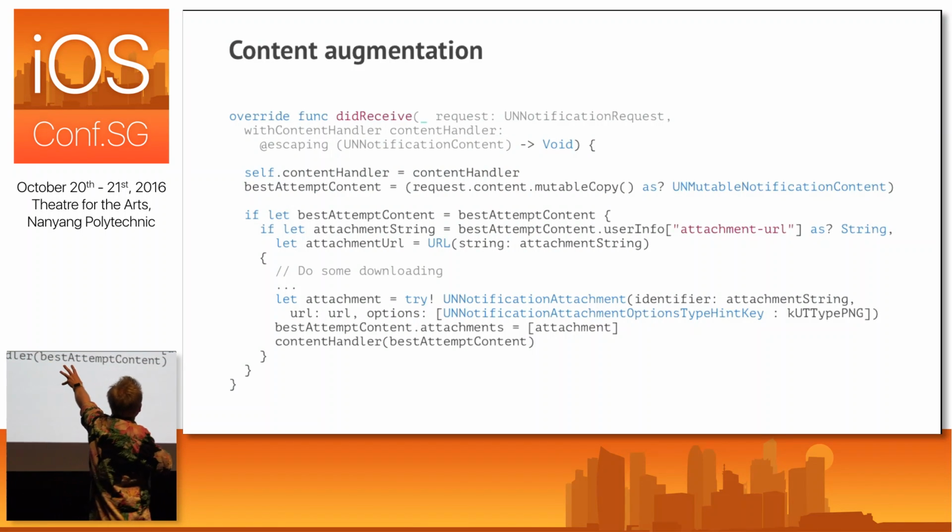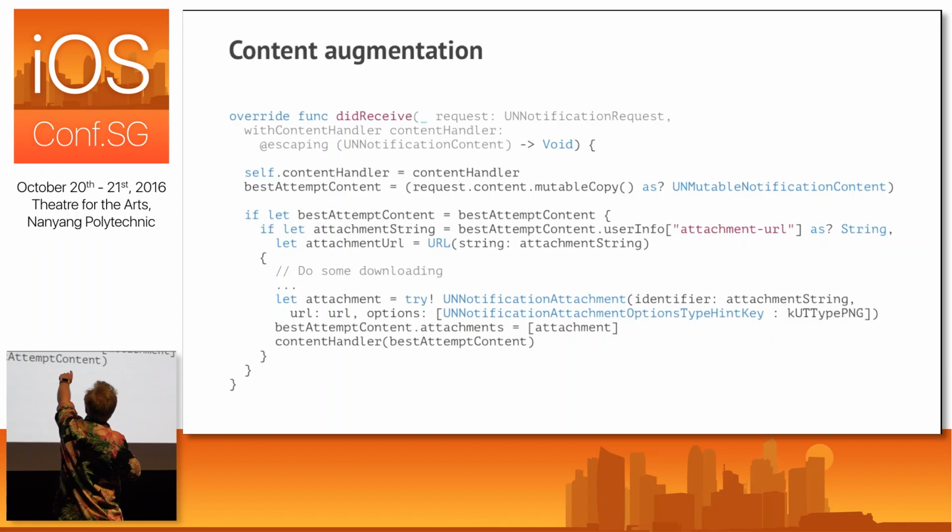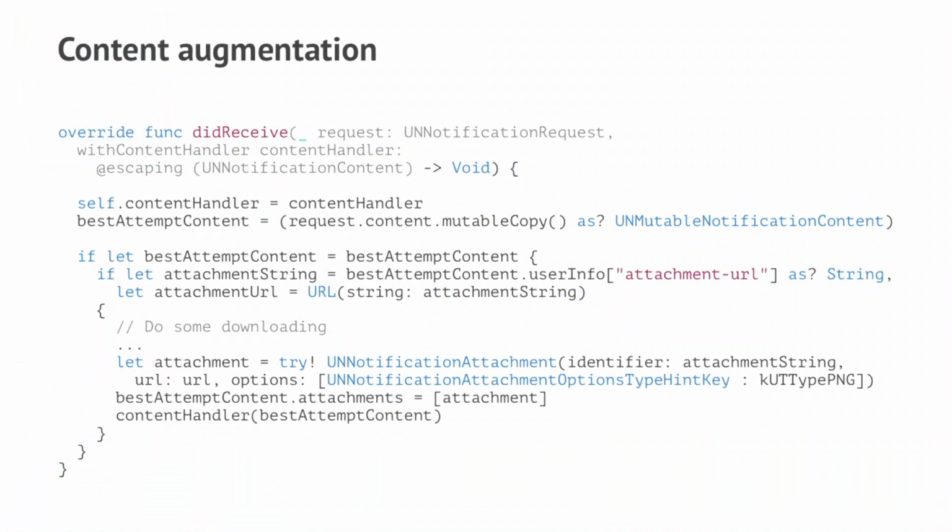And then what I'm going to do is jump into this, and I've got this attachment URL that I've provided as part of the push notification. This reminds me that I've not said why I want to do this. Push notifications, you have a limited amount of data that you can send. I think it's 4K now, is that right? You can't send many massive pictures of my face in 4K, so I need to do this.